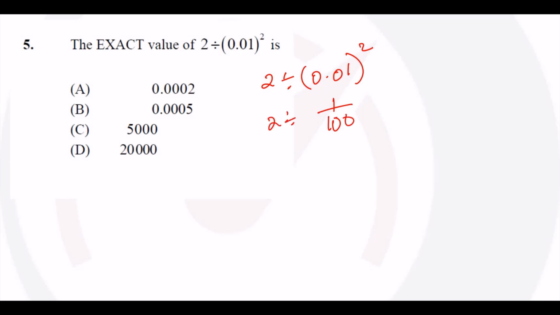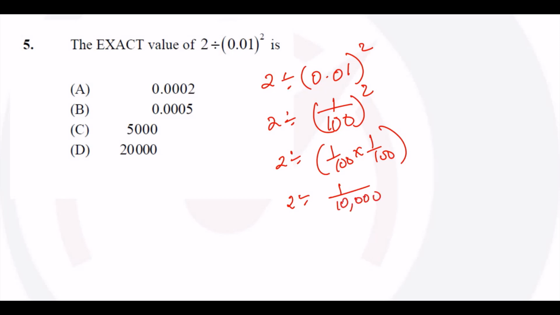So that's 2 divided by 1 over 100 squared. Now 1 over 100 times 1 over 100 gives us 1 over 10,000. So 2 divided by 1 over 10,000 is now 2 multiplied by 10,000 over 1, same thing as 10,000. So 2 times 10,000 gives us 20,000. So our answer is D.